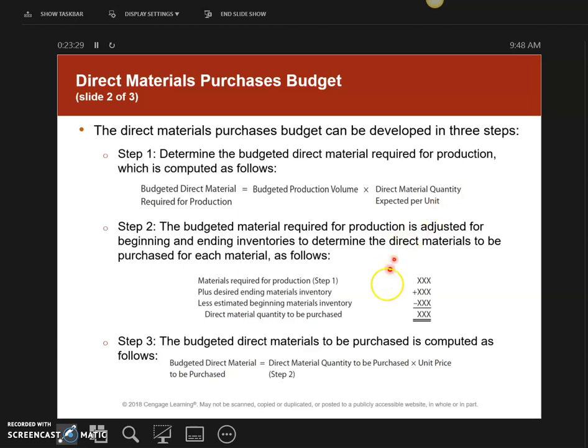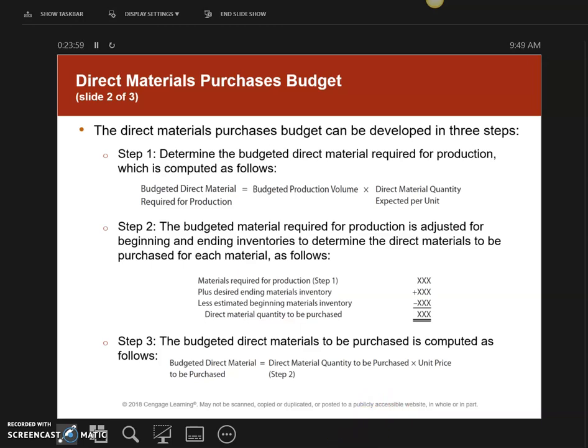So here's the same formula I told you that was extremely important. Here it is. How much I need for production plus what I want left on the end of the shelf. Add them together minus what I already have tells me how much I need to purchase. And when I know how much I need to purchase and I know how much it costs, it'll tell me the cost of my materials purchase when I multiply it. Hope I'm not moving too fast for you guys, okay?